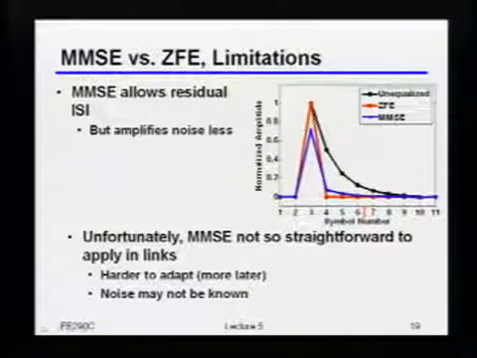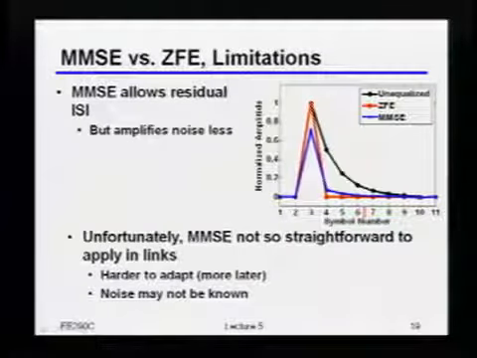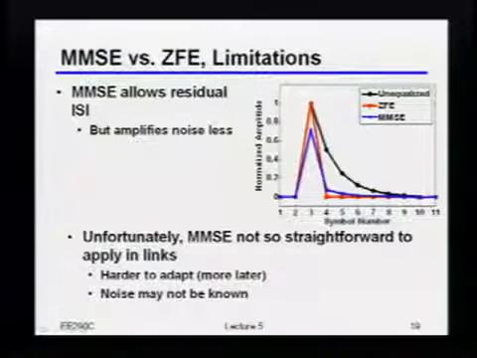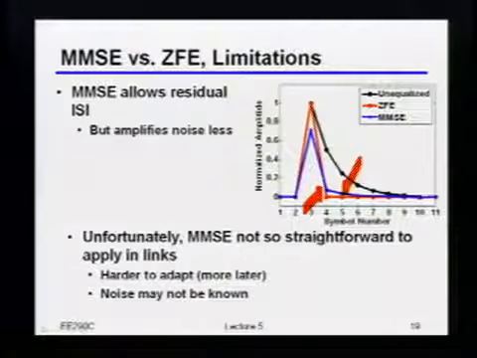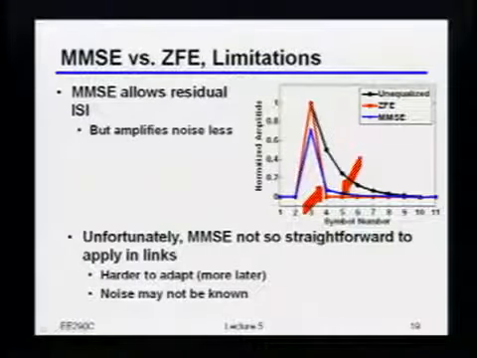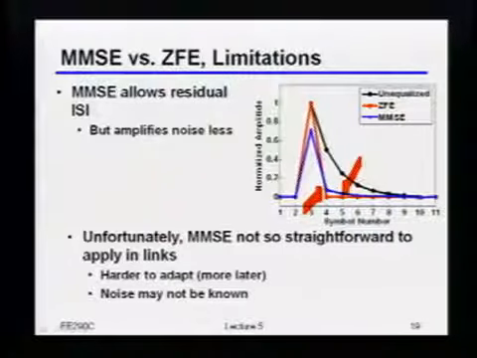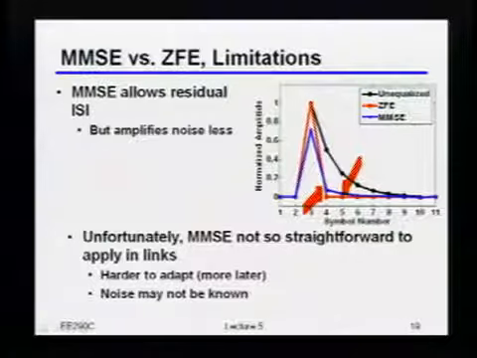Well, if I make the SNR not super high, and I now do an MMSE, what you can see with this blue response here is that there's a little bit of residual ISI right there that I allowed, and maybe even a little bit still left right there too. It turned out that for this particular channel and the particular SNR I chose, on a net mean squared error, it was better to leave that ISI than it was to amplify the noise and try to kill that. Does this make sense to everybody?